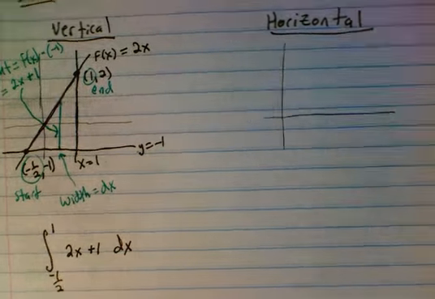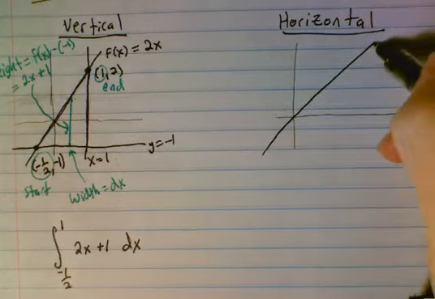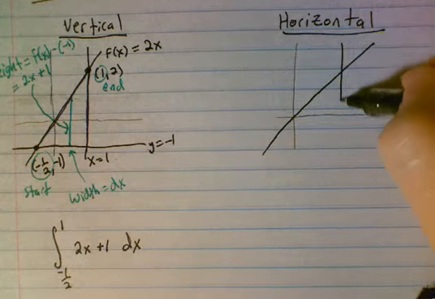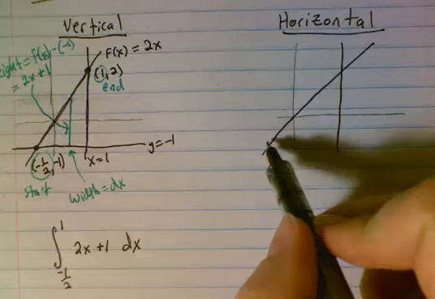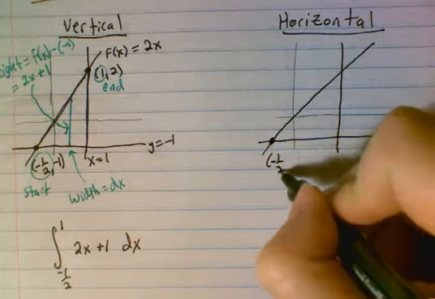For the horizontal rectangles, I'm going to start with the same picture, so we still have this, and this, and this. We still have the same area, the same points.